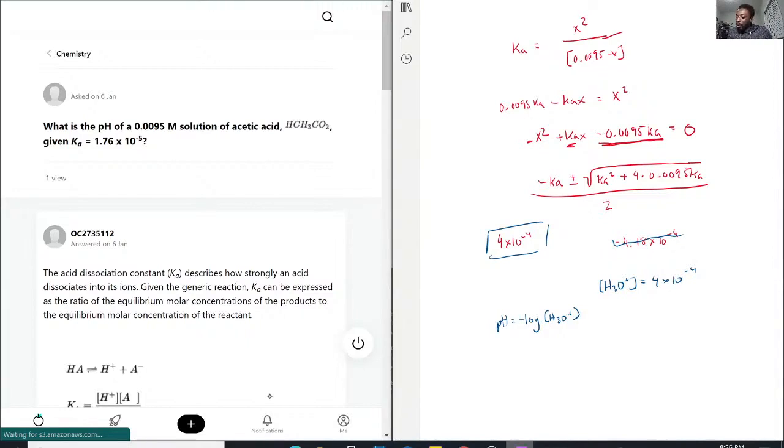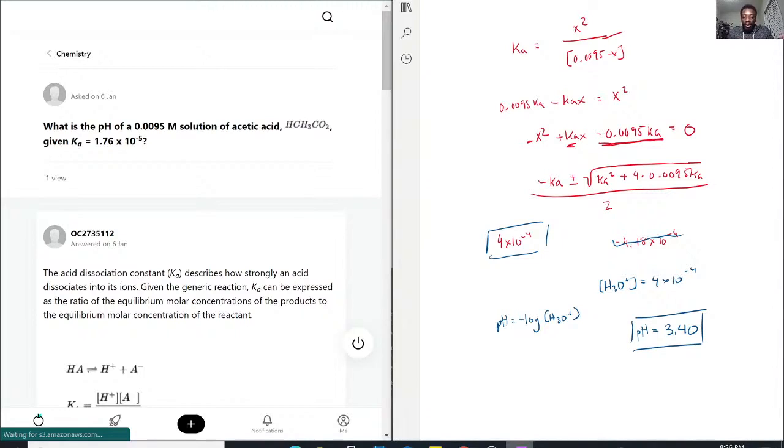So let's pull back that number, and negative log of that. And we get that the pH, based on the 4 times 10 to the negative 4, is equal to 3.397 or 3.40, around there, once we have rounded.